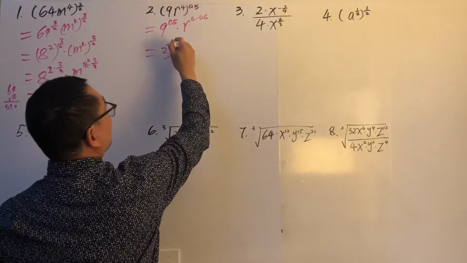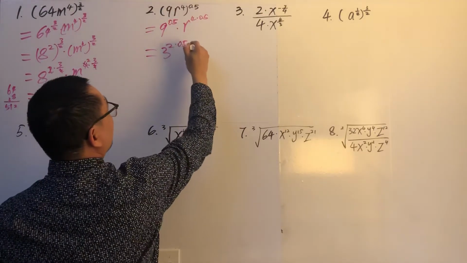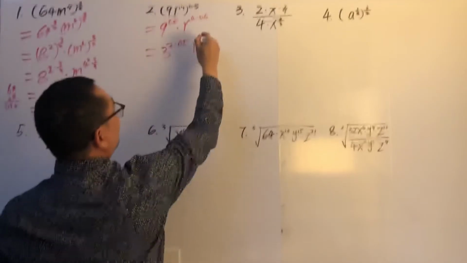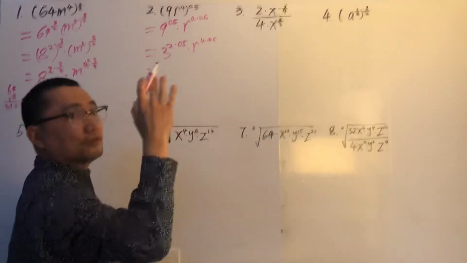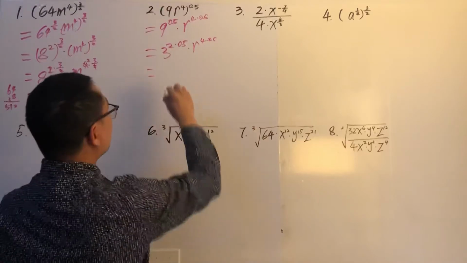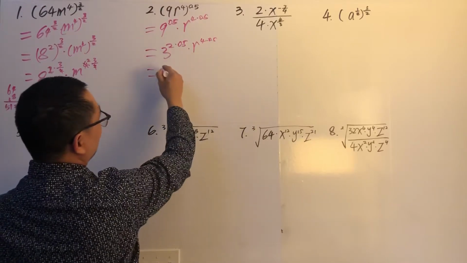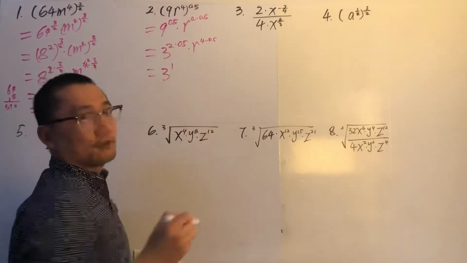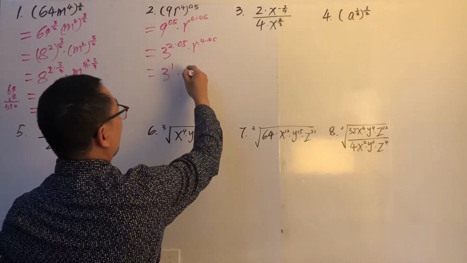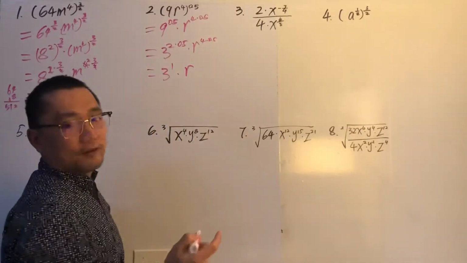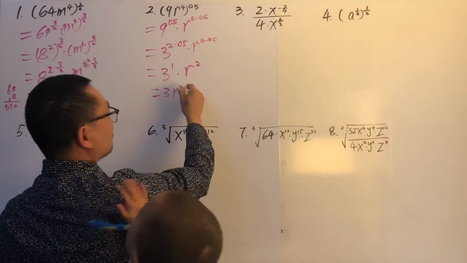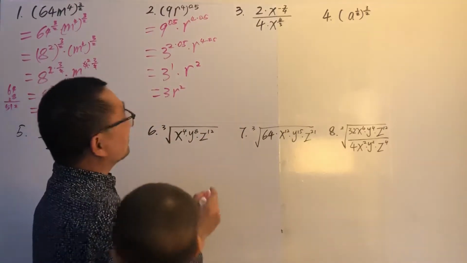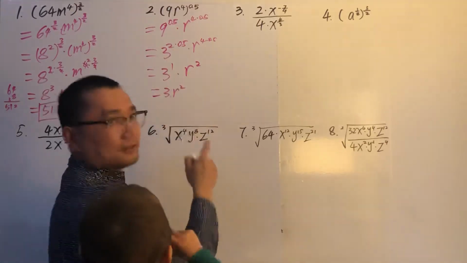And then 3 squared to the power 0.5 and then r to the 4 times 0.5. So right now it's easier to find the solution. 2 times 0.5 is 1. That means 3 to the exponent 1 times r, and 4 times 0.5 is 2. So then it is 3r squared. Okay, good. That is the second question.